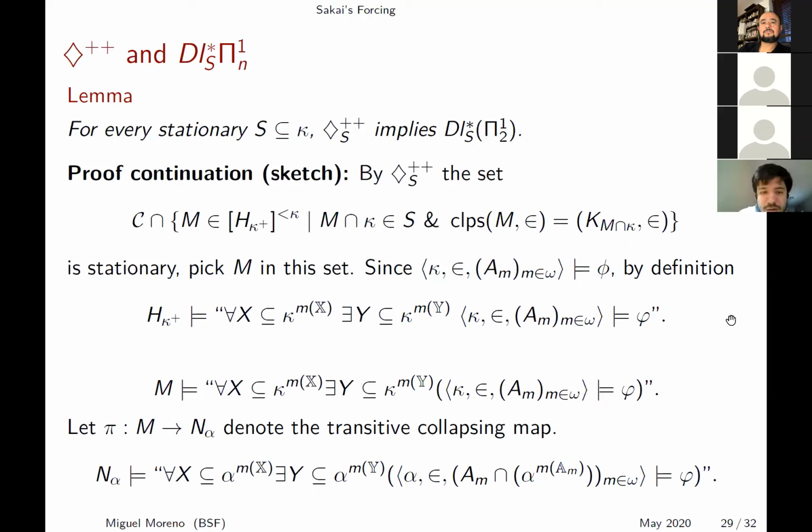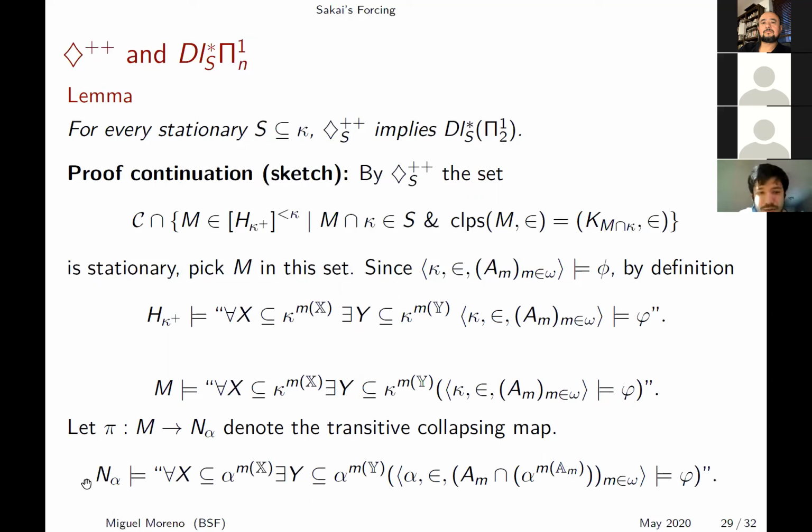And okay, we know that N_alpha is going to be the collapse, because N_alpha we defined like this, it was the closure. If it's the collapse, then it will coincide.